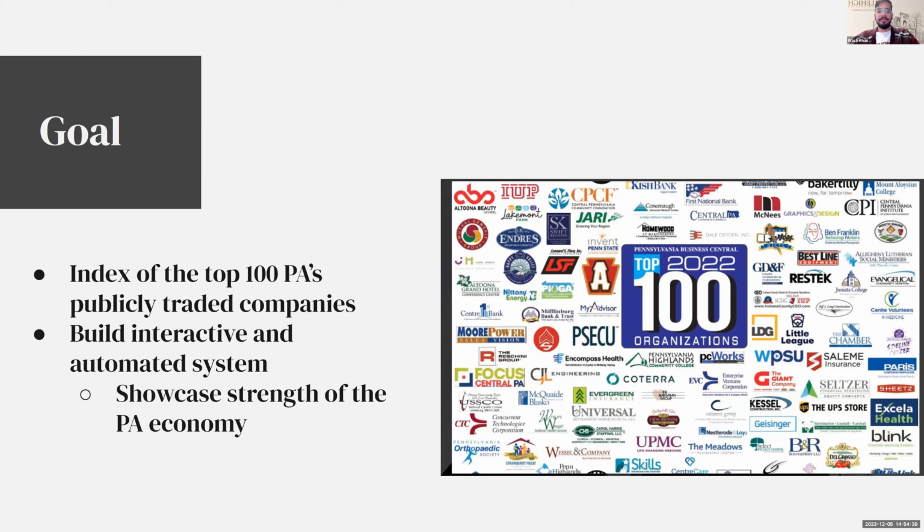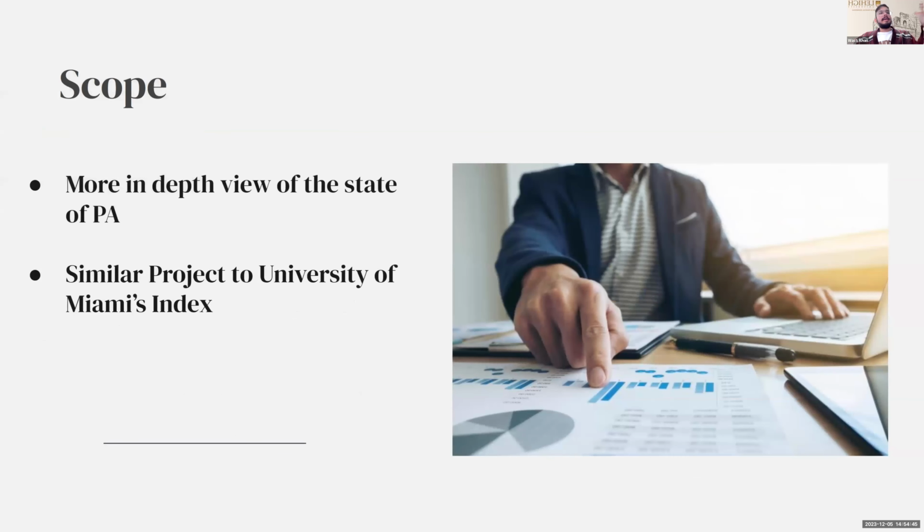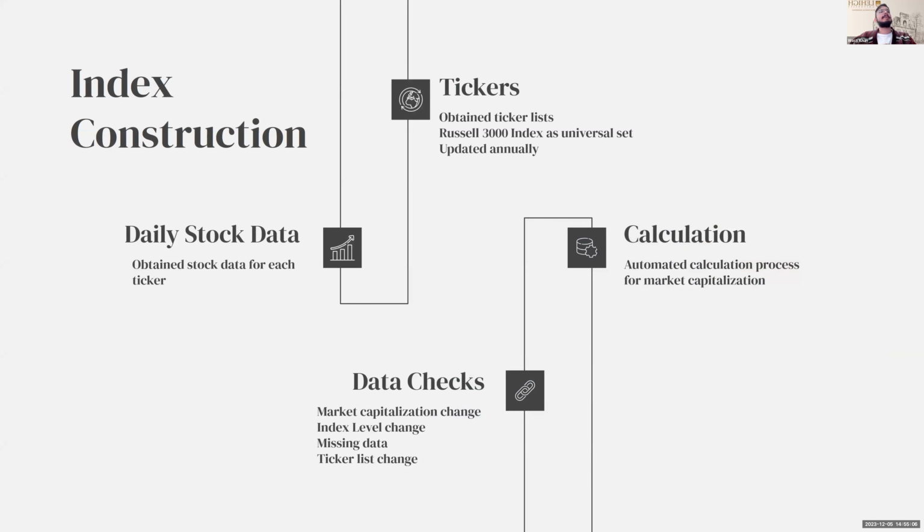It's more of an arbitrary selection, but one that works for our purposes. The objective is to represent the state of the PA economy through one number and give an in-depth view of the state through the analytics and the underlying sector weights. It's a similar project to the one by the University of Miami, except this one is more student-led, is what I would like to say.